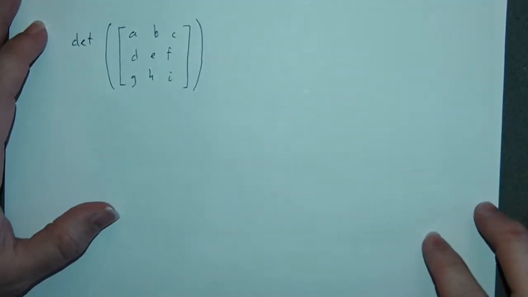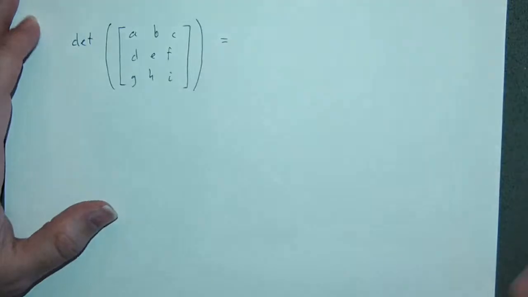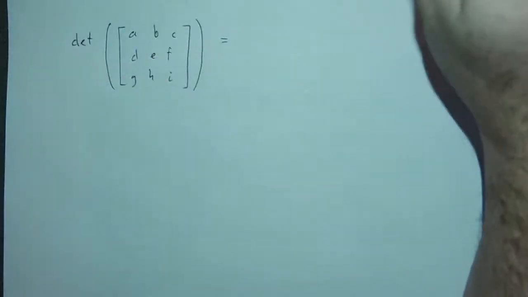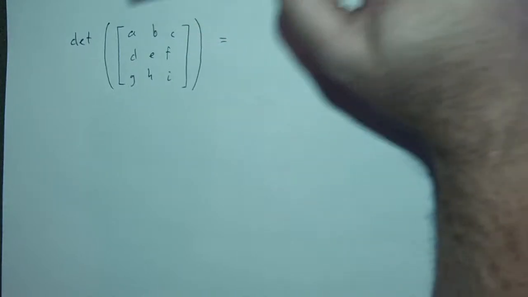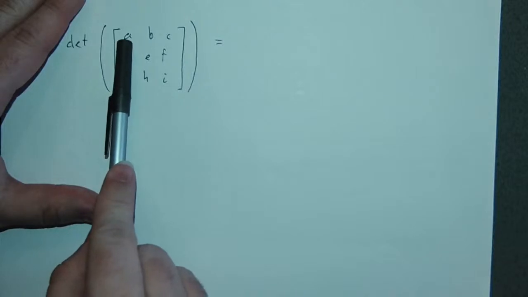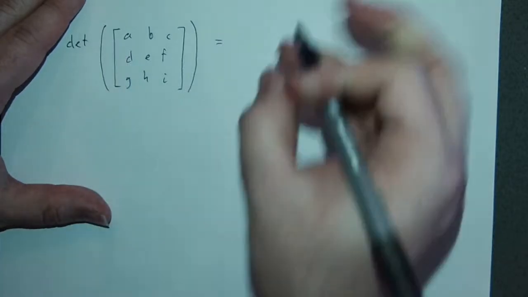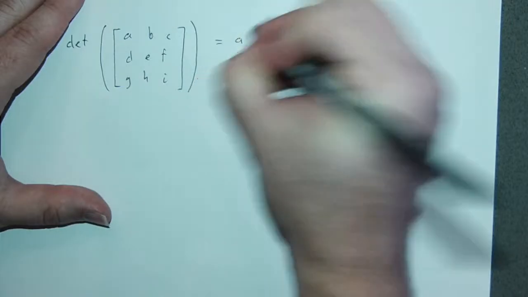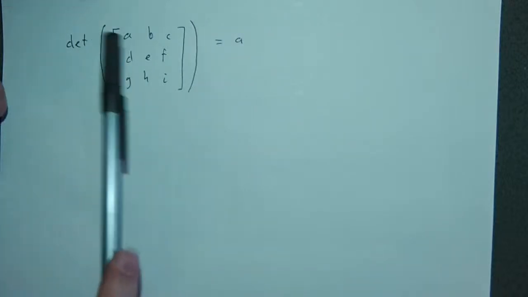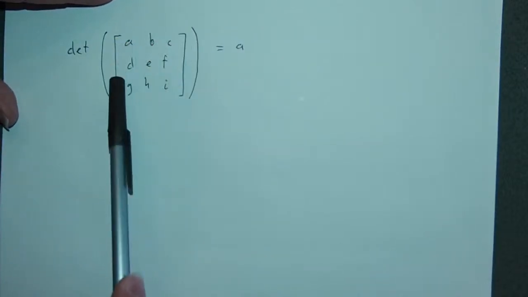How do I compute the determinant of this thing? Well, there's a formula for this called the cofactor expansion formula. We're not going to do that. We're going to do what's called expansion across the first row. What that means is that I start out with the first entry here in the first row, A. That's a number, and I take that number A, and I say, okay, A is in the first row and the first column.